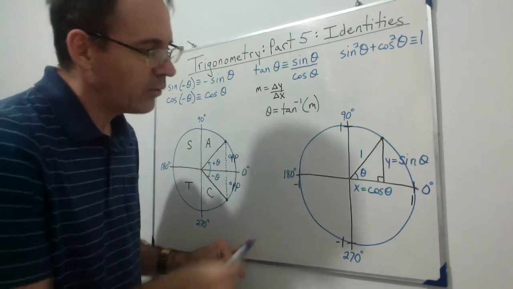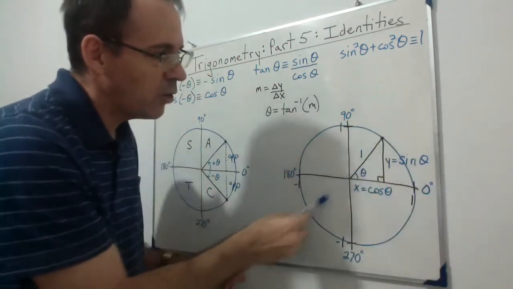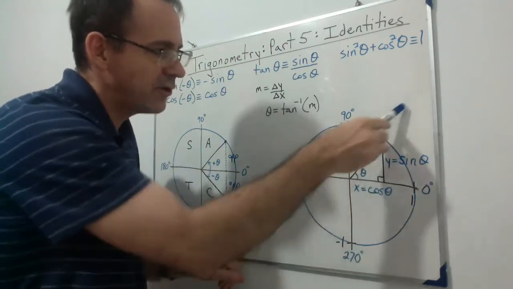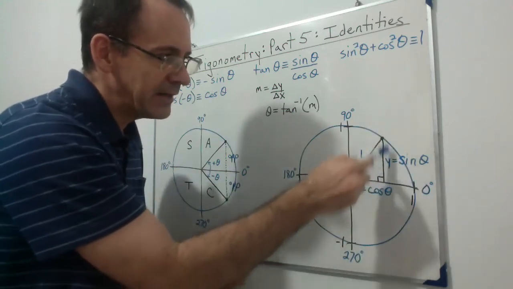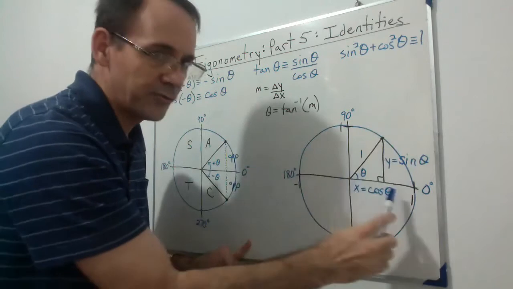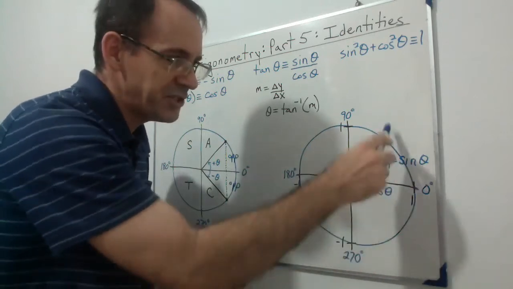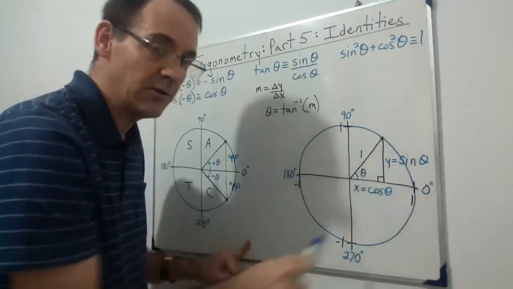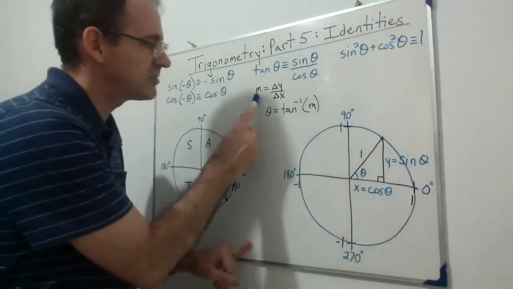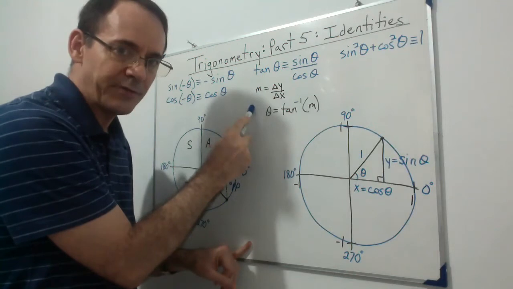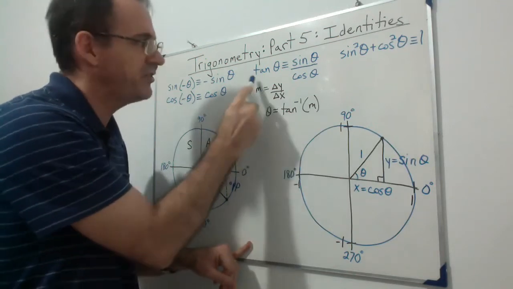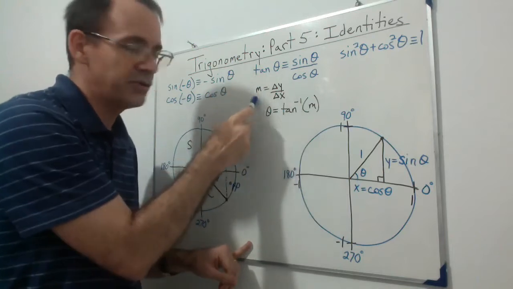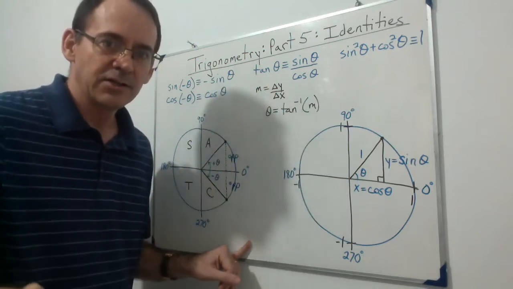So if we want to find the slope of the line, we find the rise over the run, the change in y over the change in x, or the sine over the cosine. In other words, slope in algebra functions the same way as tangent does in trigonometry. Tangent can be used to find slope.